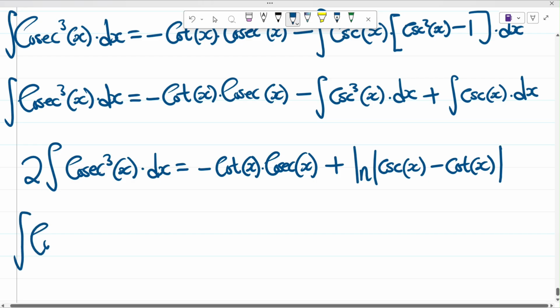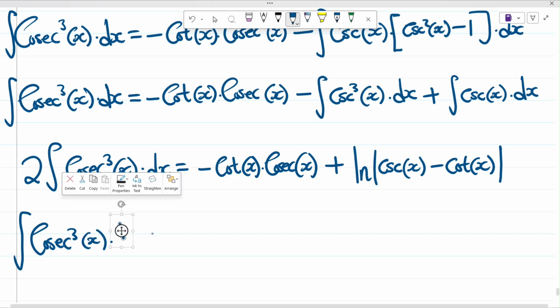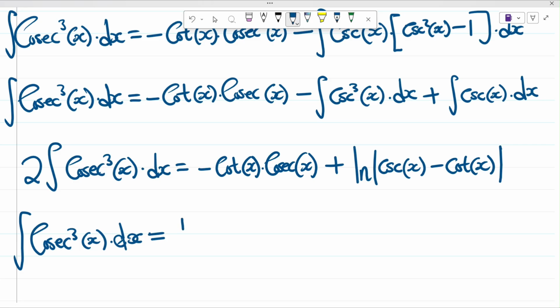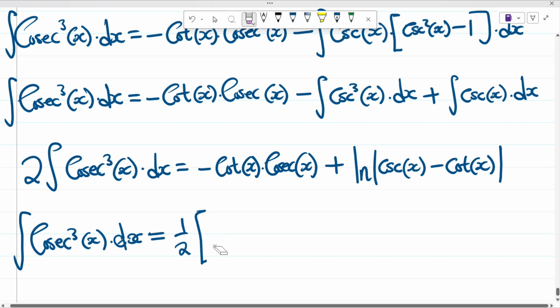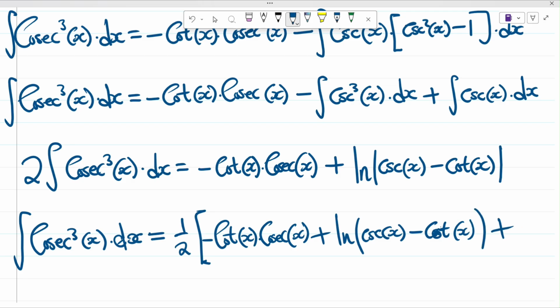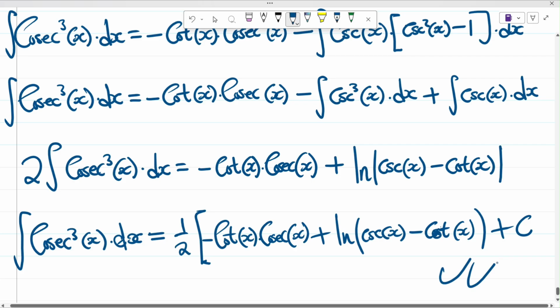So therefore the integral of cosec cube of x dx is going to be equal to 1 over 2 multiplied by negative cot of x multiplied by cosec of x plus the natural log of cosec of x minus cot of x, and then you close, then plus c. Ta-da! You have the answer for that one.